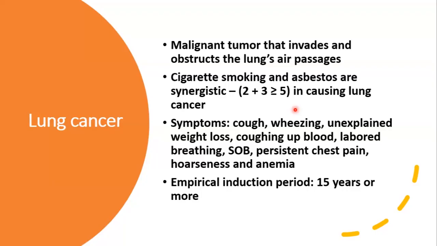A lot of these symptoms are not peculiar, or what they say pathognomonic, to lung cancer. Coughing up blood can be caused by somebody with tuberculosis, right? But in some cases of lung cancer, you do cough up blood because the lung tissue would have been seriously compromised.